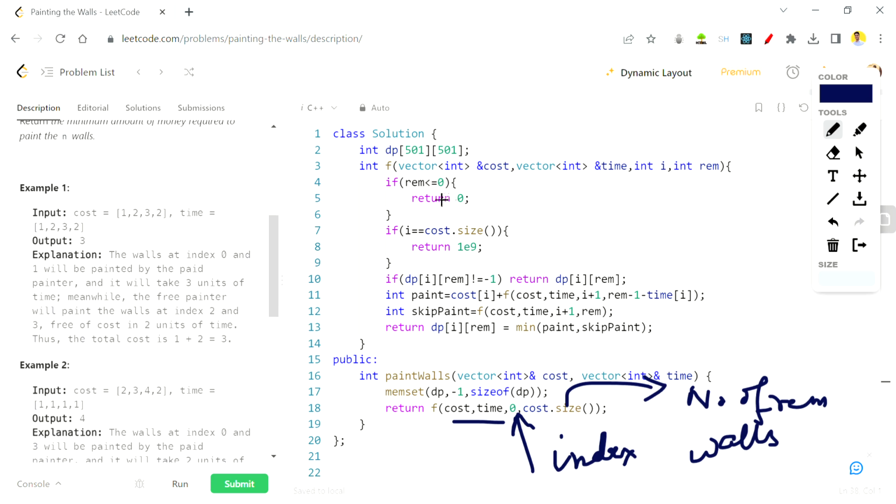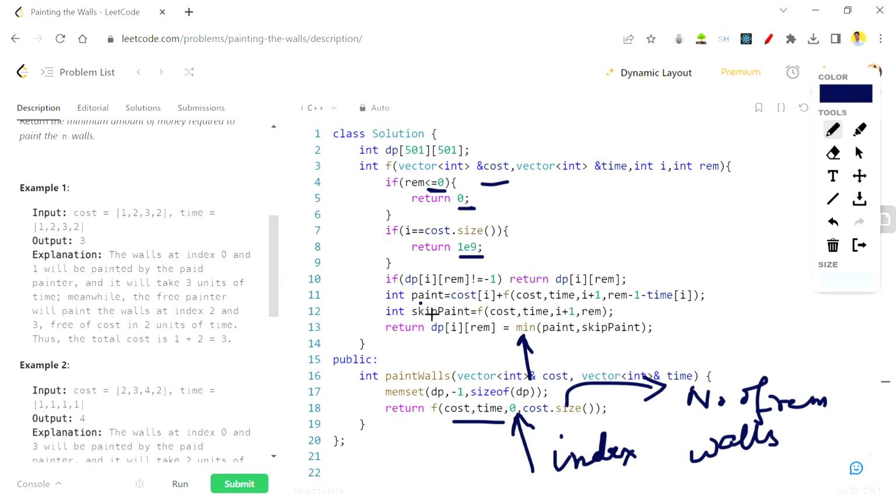Whenever my remaining walls turns out to be negative or 0, I'm going to return 0. In case I have exhausted the cost array and still have walls left, I'm going to return a very large value so that I can get the overall minimum.